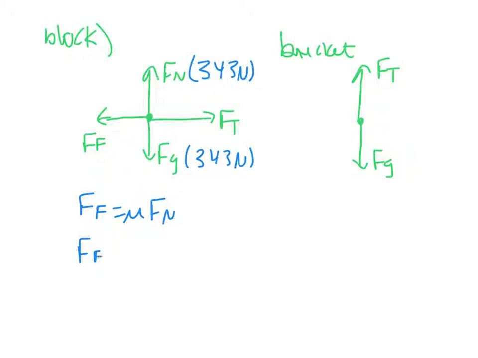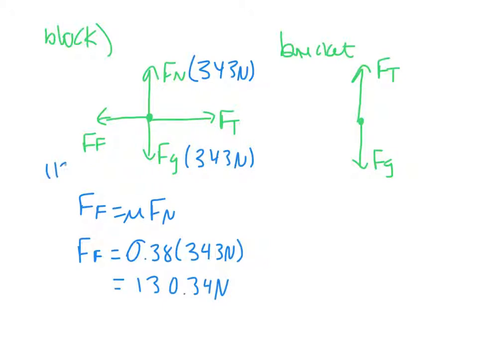So frictional force is equal to mu. In this case, it's not moving, so we want to use the coefficient of static friction. So 0.38 times the normal force, 343 newtons. This is equal to the frictional force, 130.34 newtons.